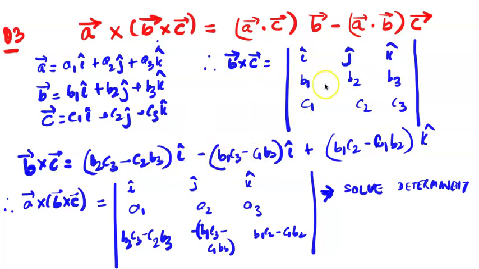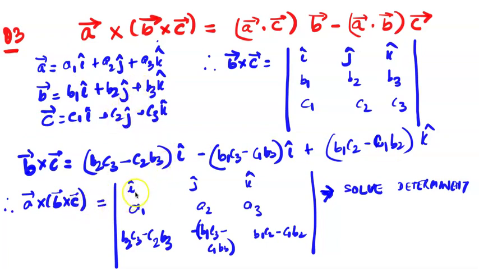We get this equation, which is basically b2 c3 minus c2 b3 i hat, with negative of b1 c3 minus c1 b3, plus, if I take this k, b1 c2 minus c1 b2 k.